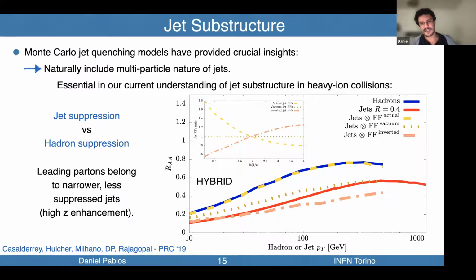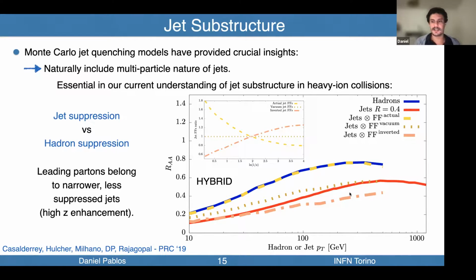Another way in which the jet substructure has allowed us to understand phenomenology is by looking at the jet suppression versus hadron suppression. Here in red, using the hybrid model, you see jet suppression, and in blue, you see hadron suppression. The level of suppression is different precisely because the leading hadrons that contribute the most to this spectrum are mostly produced from narrow fragmenting jets. They tend to be the ones that suffer less energy loss.